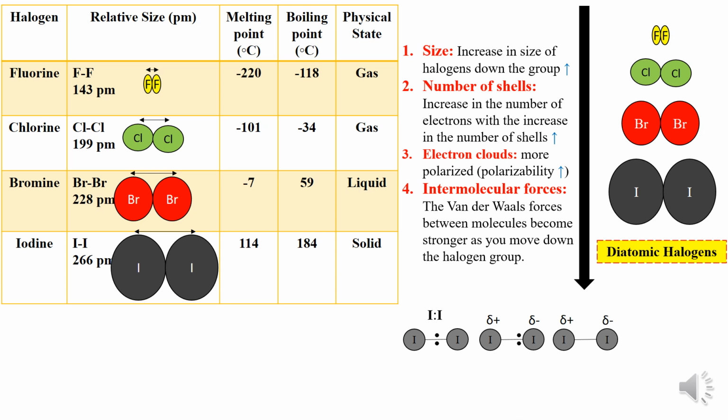A temporary dipole is formed, and this induces a dipole in the neighboring iodine molecule, and there is a weak attraction between the two iodine molecules with dipoles. That is the intermolecular force, or the van der Waals force.